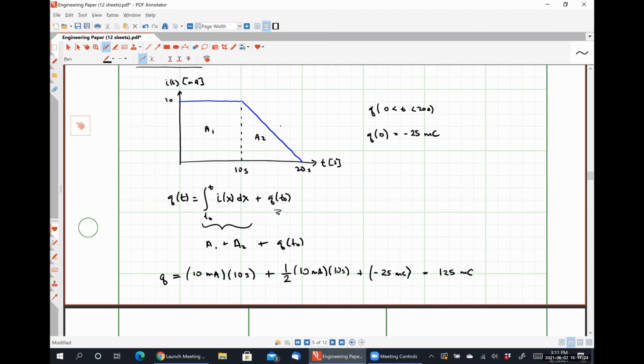So area under the curve, for the most part, you should always just do it using simple area relationships. Squares, rectangles, and right triangles are all you're going to see in this class. If it's something else, I will literally tell you exactly what it is so that you can just use the calculus method to do it. All right. So we've worked a couple of examples relating current and voltage.